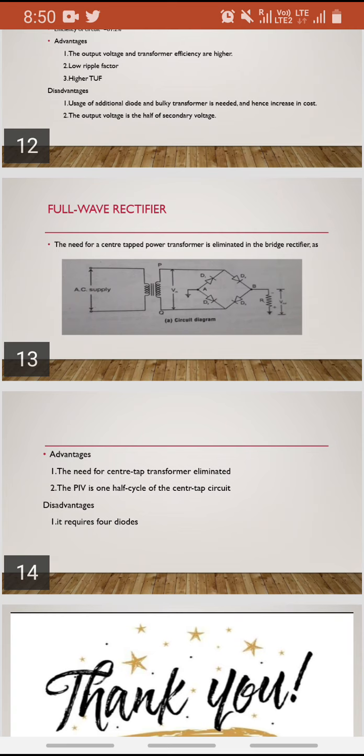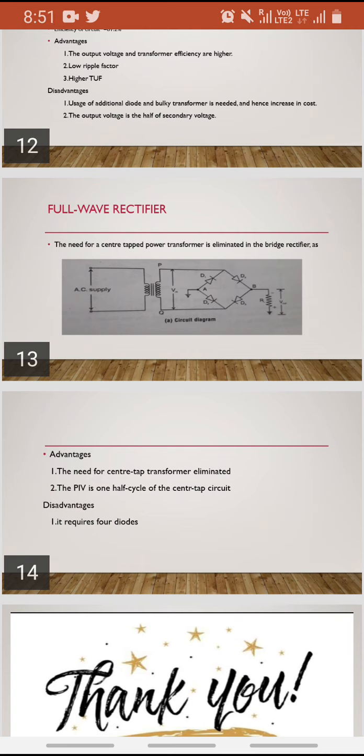During the negative half cycle, the secondary voltage at end P becomes negative and Q becomes positive. This makes diodes D2 and D4 forward biased, whereas diodes D1 and D3 are reverse biased. Therefore only diodes D2 and D4 conduct.